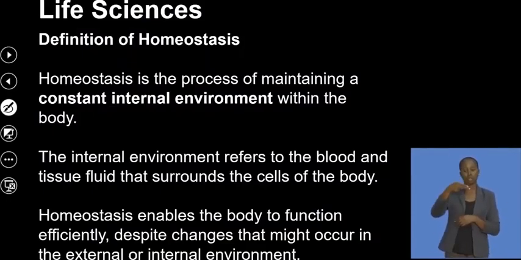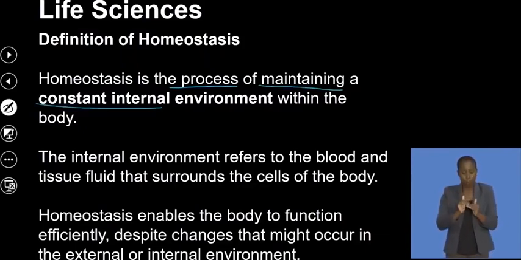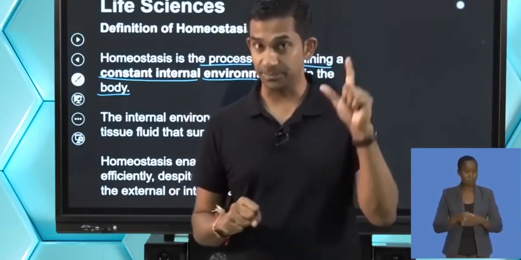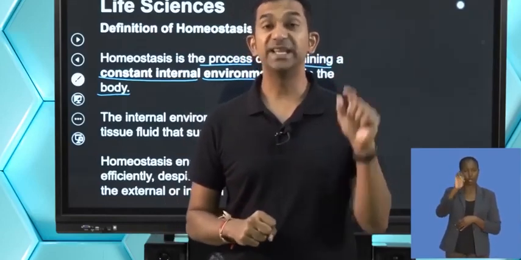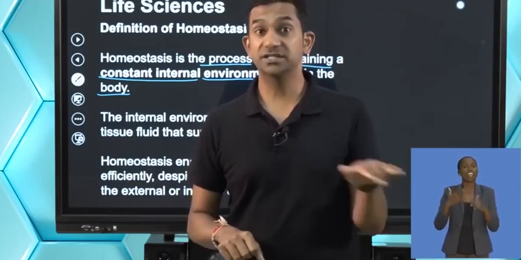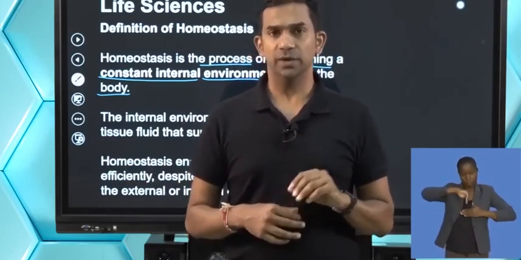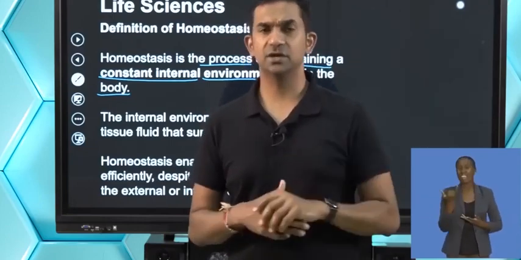So, homeostasis is a process of maintaining a constant internal environment within the body. And I'd like to repeat that. So again, homeostasis is a process of maintaining a constant internal environment. So think of all the conditions in our body.